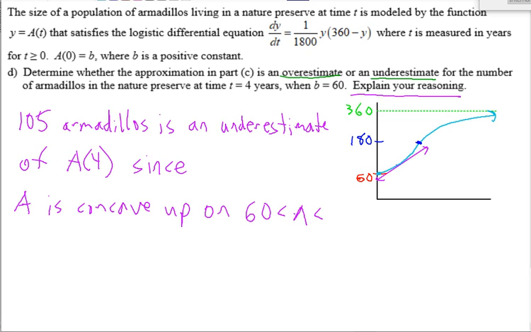And notice even our approximation of 105, that's still below 180, right?